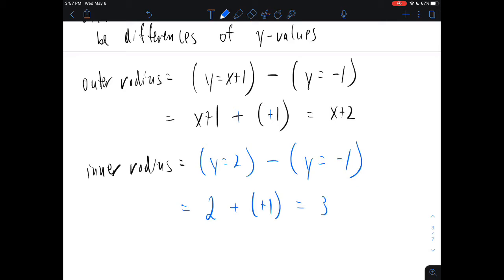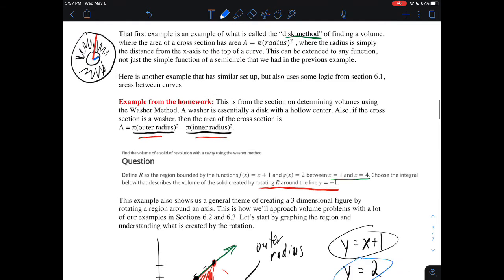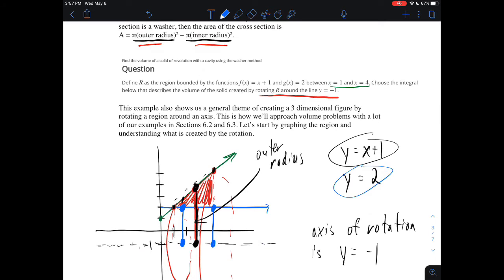So now I have my outer radius and my inner radius. To find my volume, I know I'm just going to use an integral with my area, and then my limits of integration are just what they've already stated. X is between 1 and 4.